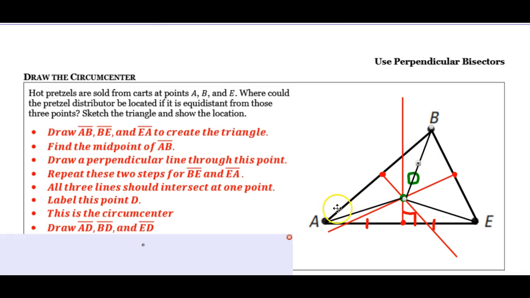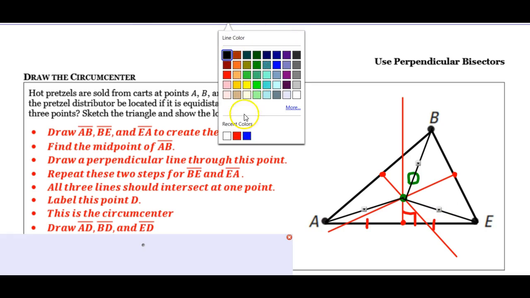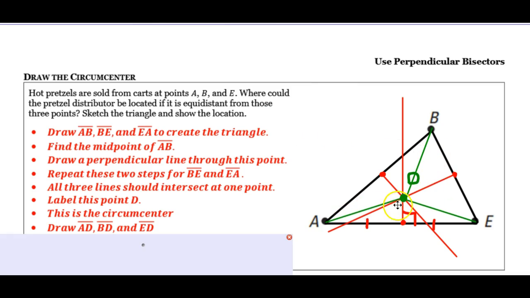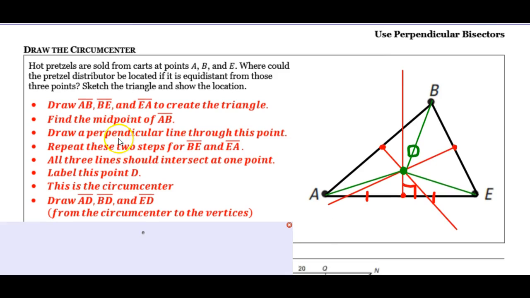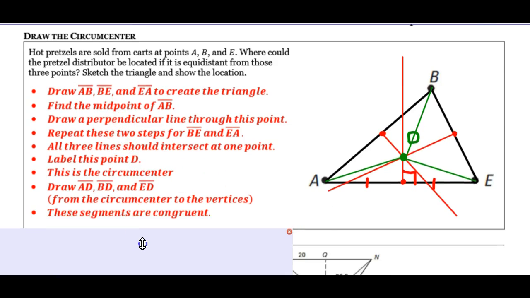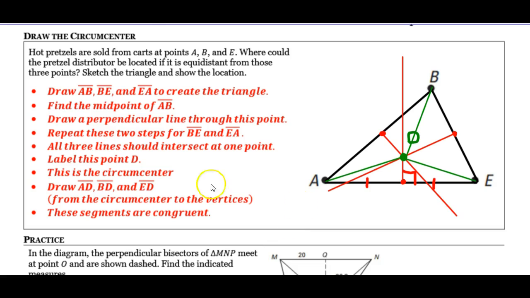So these 3 segments here go from my circumcenter to each vertex of my triangle. So I drew from the circumcenter to the vertices. And these segments are congruent. So AD is congruent to BD is congruent to ED.